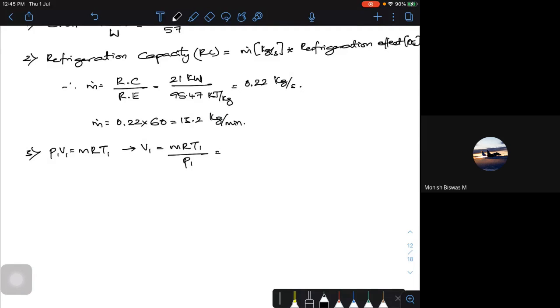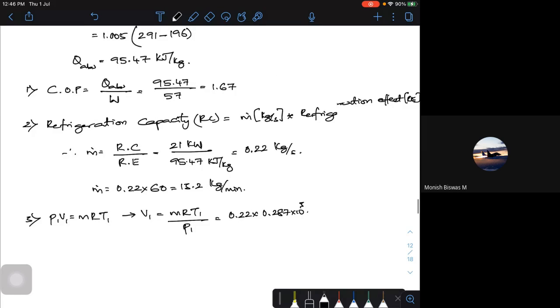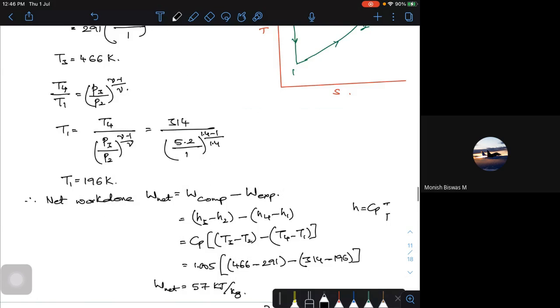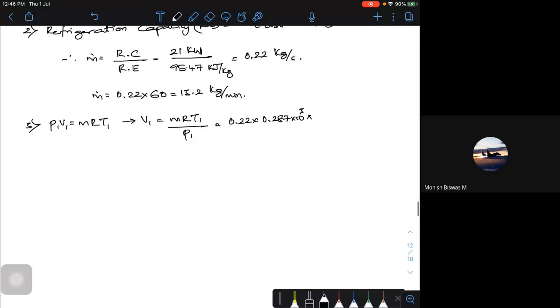So what is your mass flow rate? If I want it in meter cube per second, I have to put 0.22 into 0.287, that is 287 into 10 to the power of 3, into your T1. So what is the temperature T1? T1 is found to be 196 Kelvin, divided by 1 into 10 to the power of 5. So this will be my V1.